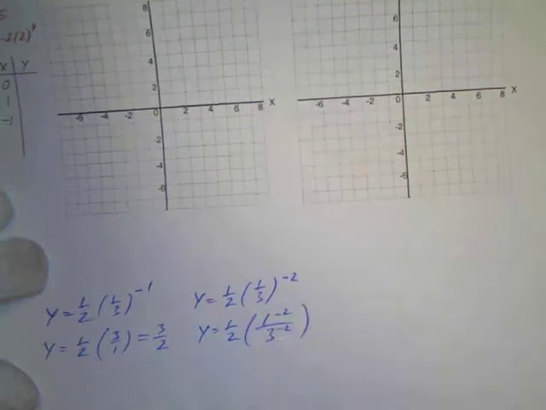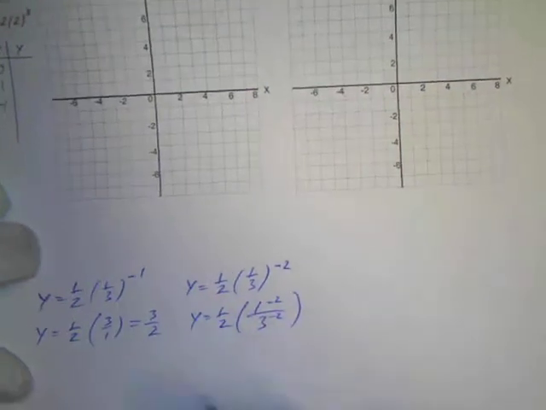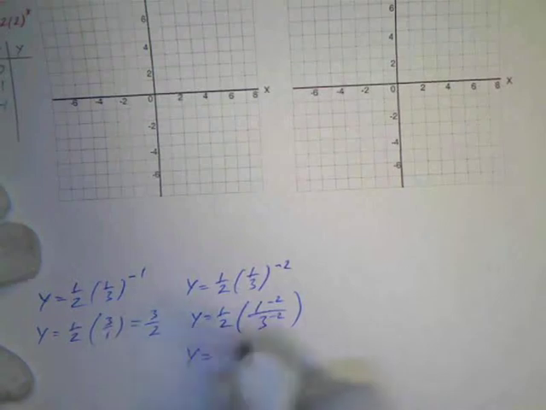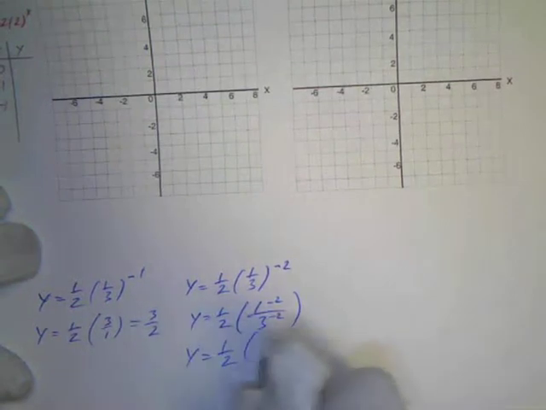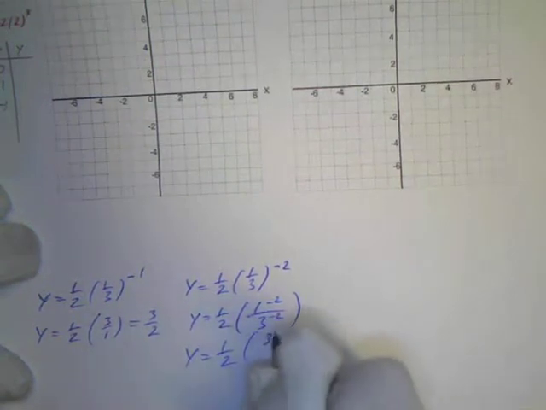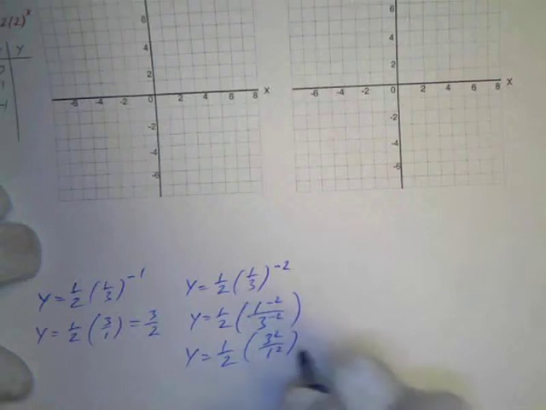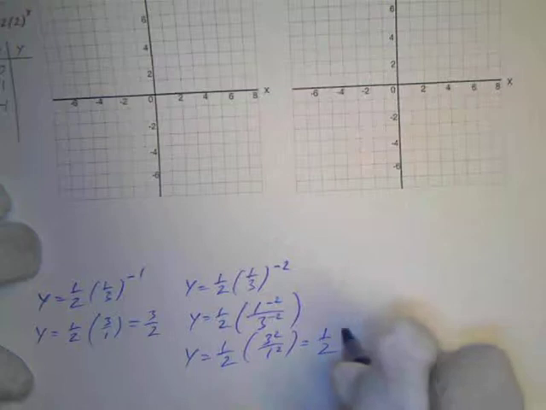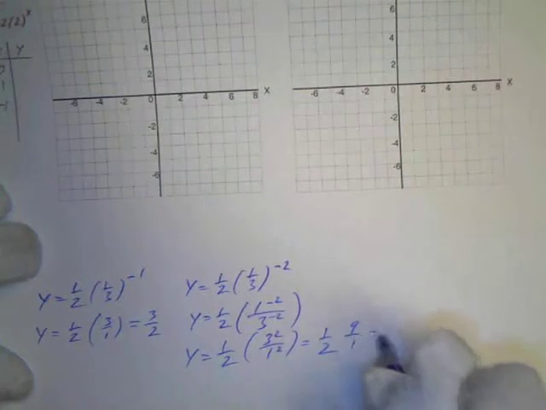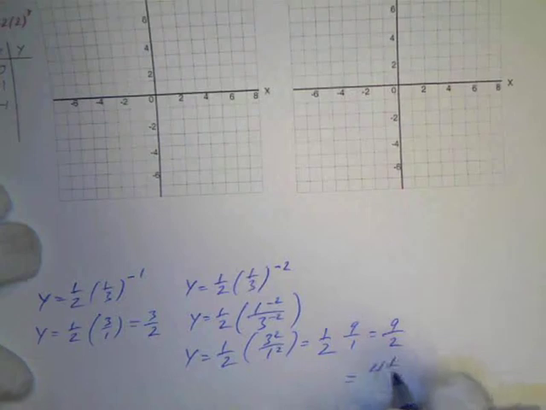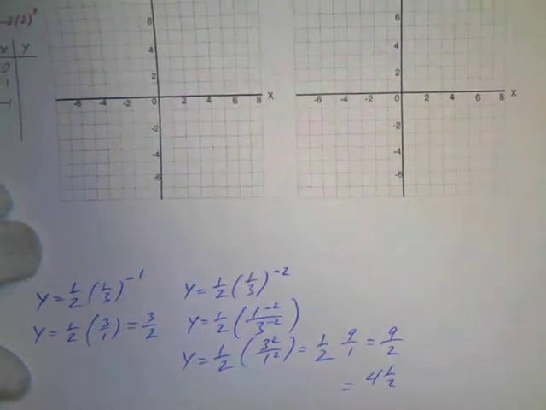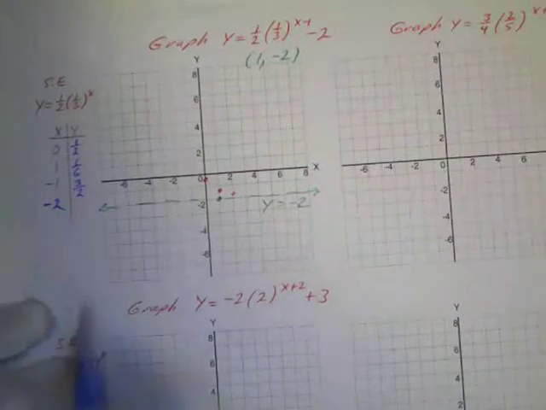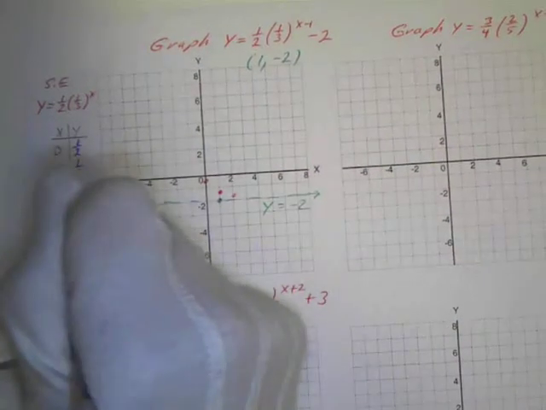This is kind of working it out, a lot of extra steps, but you can just flip it and square it. So it's going to be 1/2 times 3 squared over 1 squared, so that's just going to be 9. So that's going to be 1/2 times 9/1, so that's just going to be 9/2, which is just going to be 4 1/2. So that's what you got there. Okay? So when it's negative 2, it's 9/2 or 4 1/2.